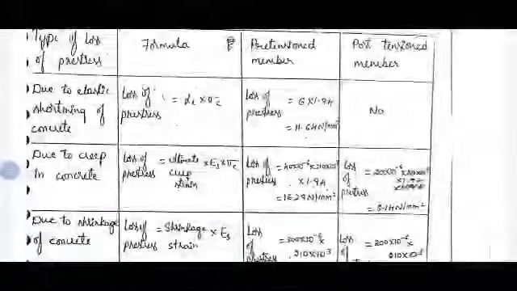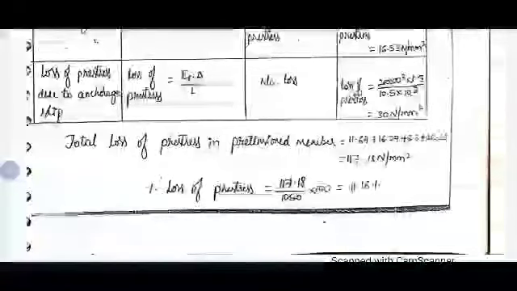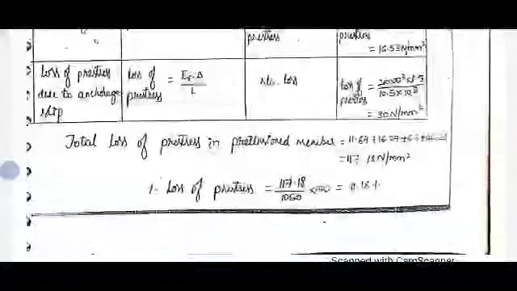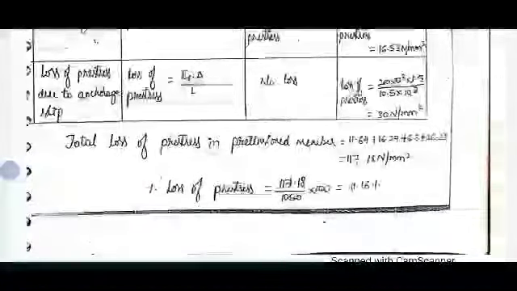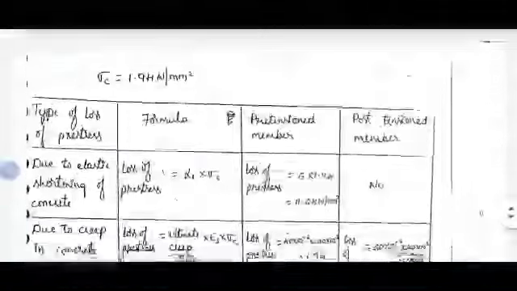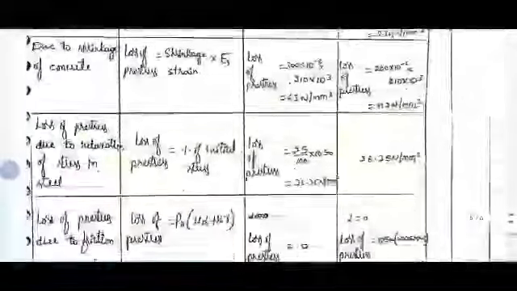So add the losses in the third column, that is under pretension member. 11.64 plus 16.29 plus 63 plus 26.25, we will get 117.18 Newton per mm square. If you take the percentage of those, we will get 11.16%.